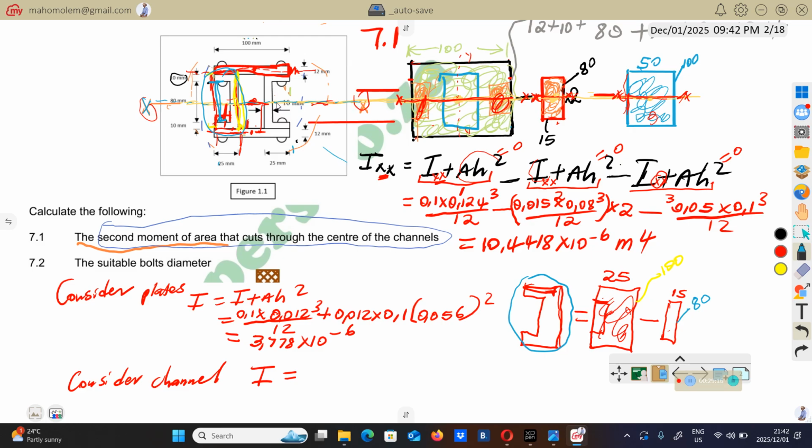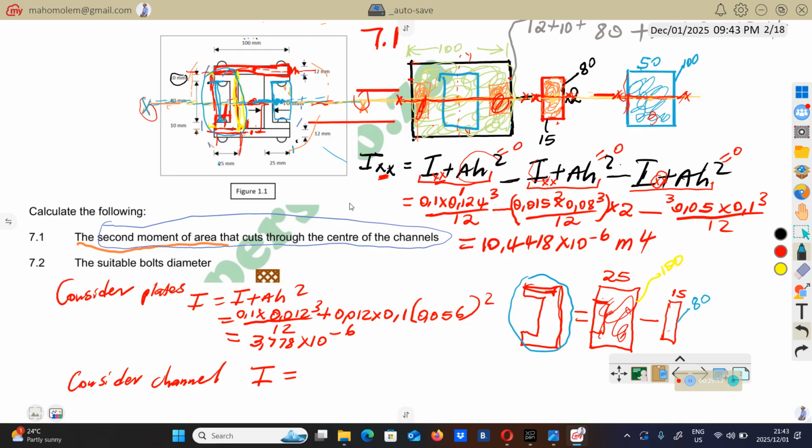The center of this channel is on the same level as the XX of the composite, which is the XX of this thing combined. The center of the box we're going to remove is also going to be there. So they're going to be on the same level.